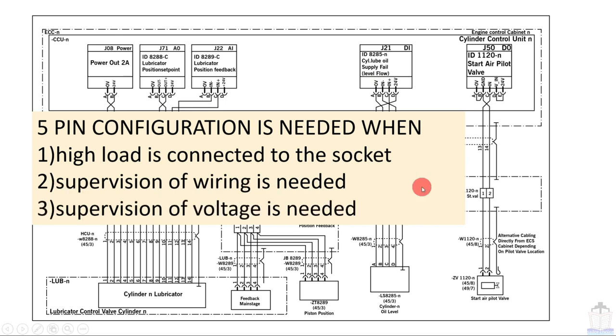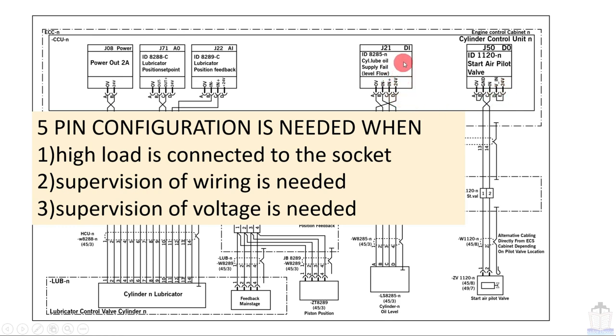Okay, now the next one is that supervision of voltage is needed. This is a little bit important, so we will understand it by channel number 50. Here you can see that voltage is coming from some other place. It is entering into the J50V in through the jumper, but why?